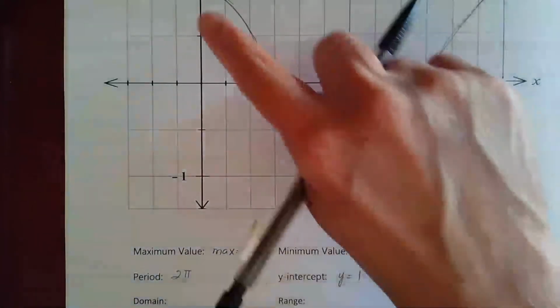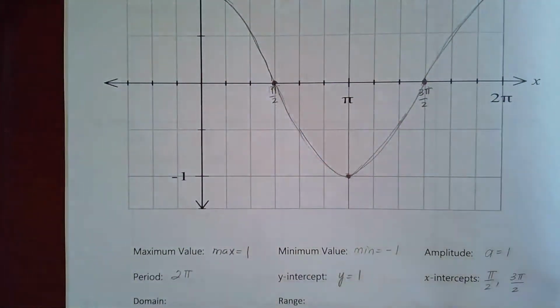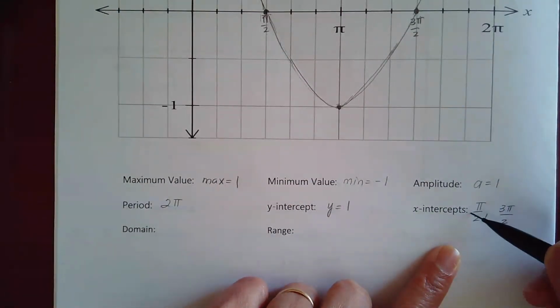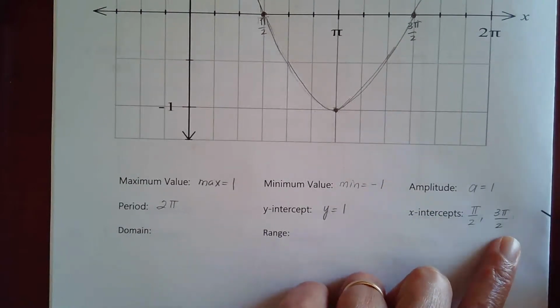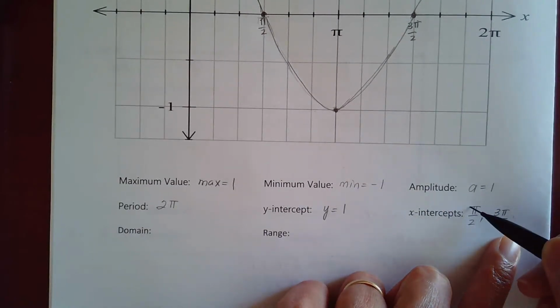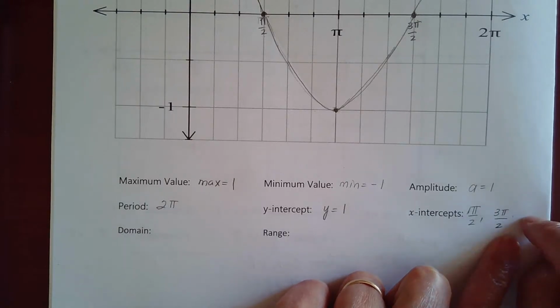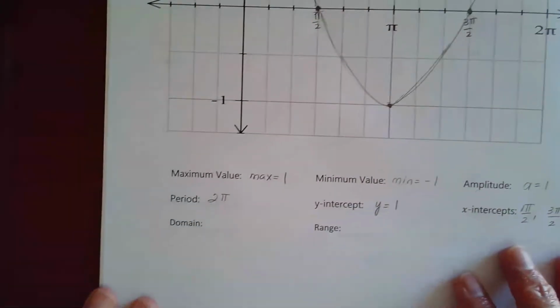If we were to continue this graph over and over again, we'd see that the x-intercepts are infinitely many. You might see the pattern: 1 pi halves, 3 pi halves, then the next ones would be 5 pi halves, 7 pi halves, and so on.